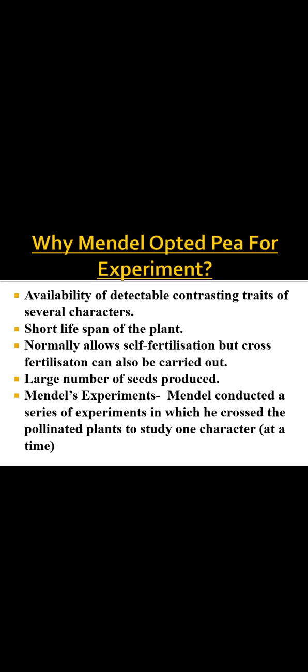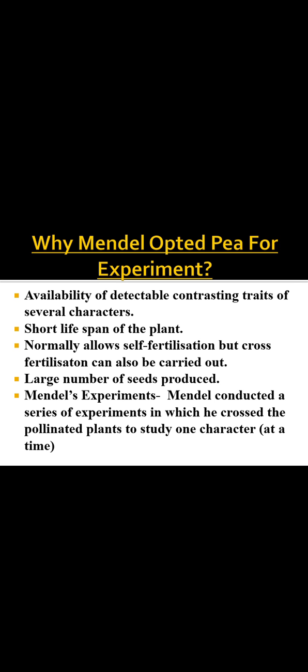Why did Mendel opt for only a pea plant for his experiment? Why couldn't he take some other plant, because he had a lot of vegetables and plants in his garden? Why did he prefer only the pea plant?